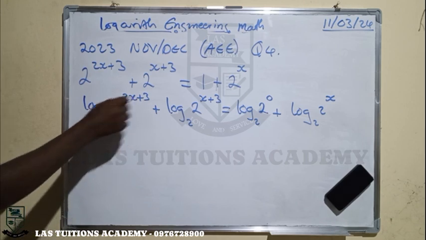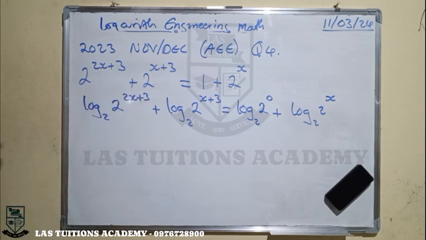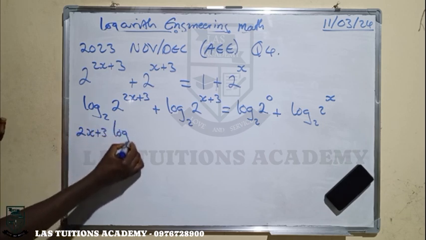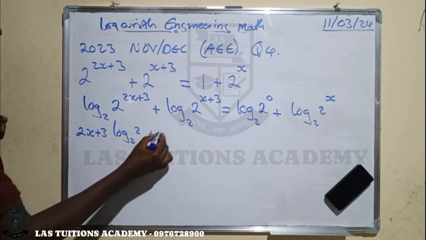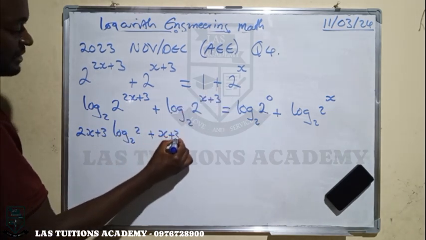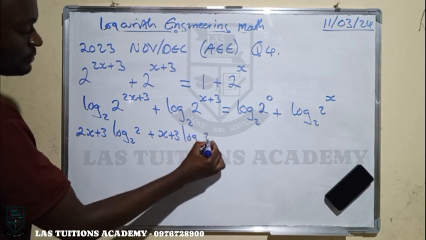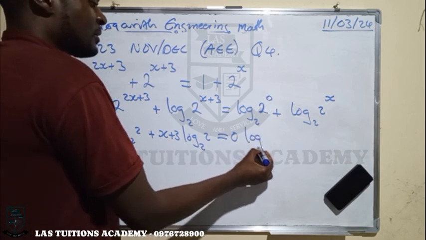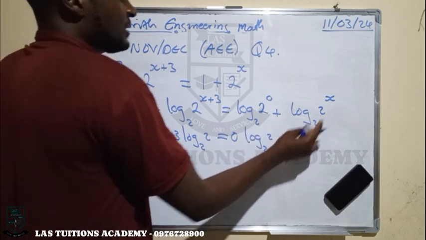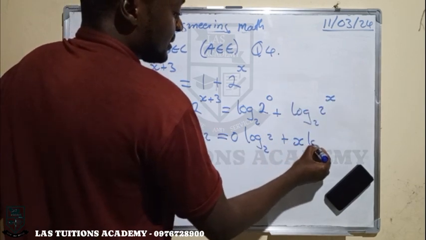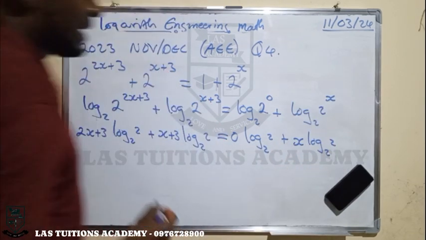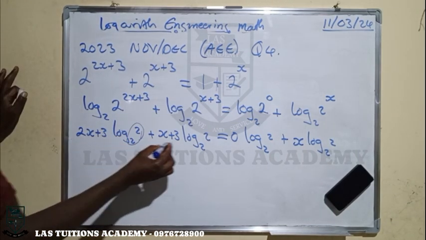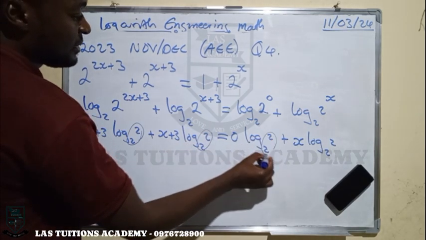So now, using the power rule, we can drop these powers here. So I'm going to have (2x plus 3) log 2 of 2, plus (x plus 3) log 2 of 2. This is equal to 0 log 2 of 2, plus x log 2 of 2.